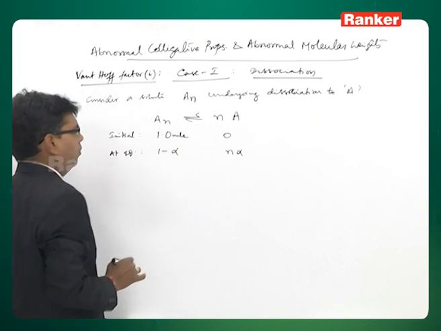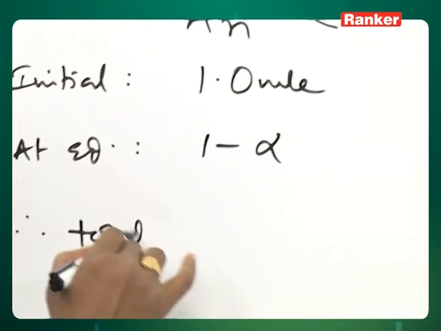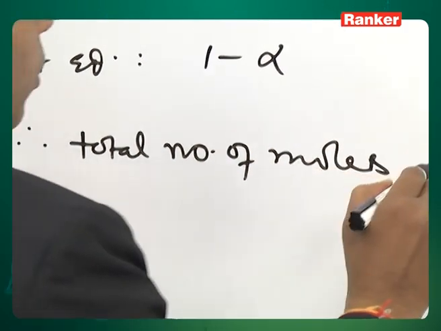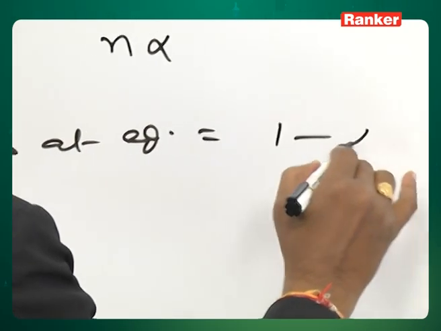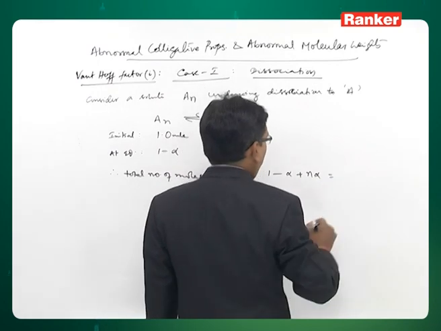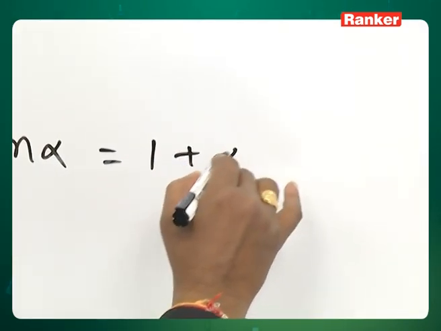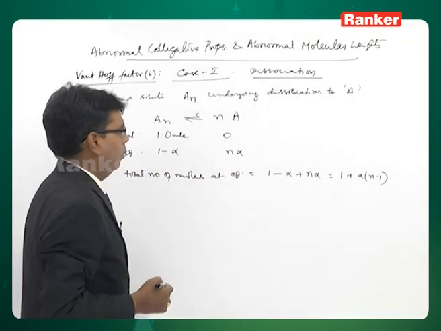Initially, this will be 0. Now, the total number of moles at equilibrium is equal to 1 minus alpha plus n alpha, which is equal to 1 plus alpha into (n minus 1), right.